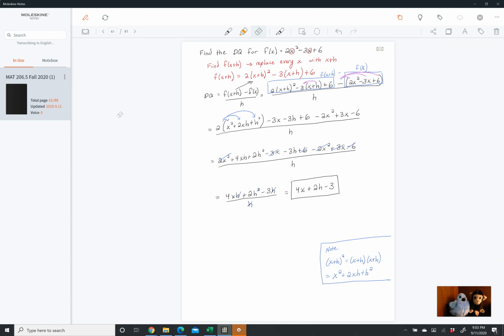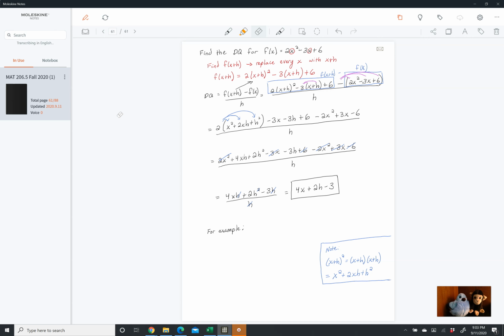That's the difference quotient. This is saying if I give you an x and I give you an h, you can find the slope of any single line connecting any 2 points on that function. Okay? So, for example, we'll go back to the average rate of change.